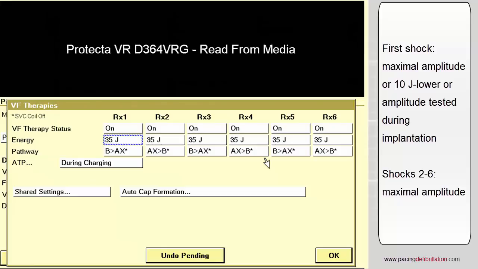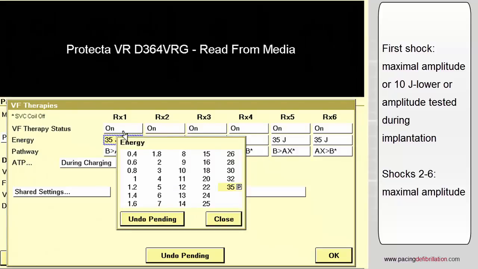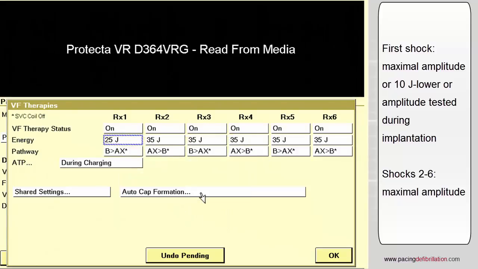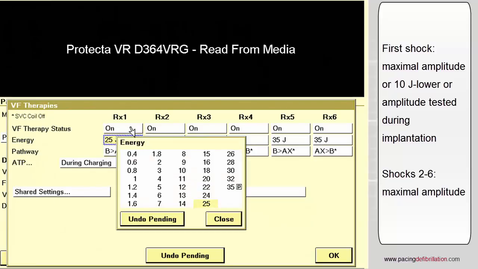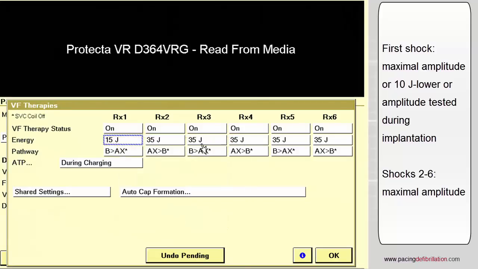In clinical practice, the strength of the first shock is programmed either at the maximum capacity of the device or at a strength 10 joules lower than the maximal capacity of the device, or even sometimes at a lower strength tested during the implant procedure, with the aim to terminate the tachyarrhythmia with an appropriate safety margin and without wasting energy.